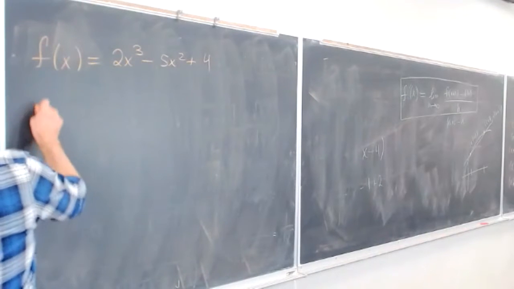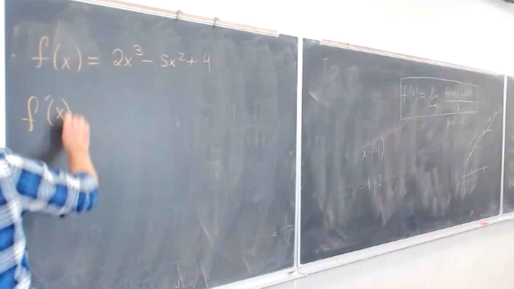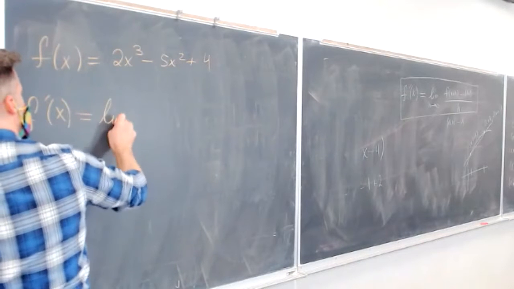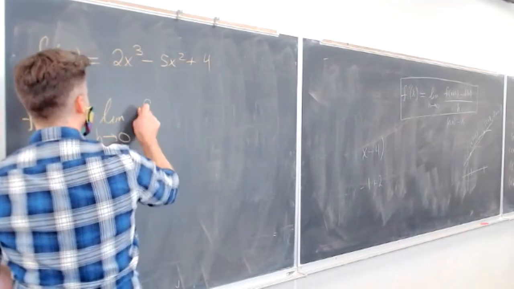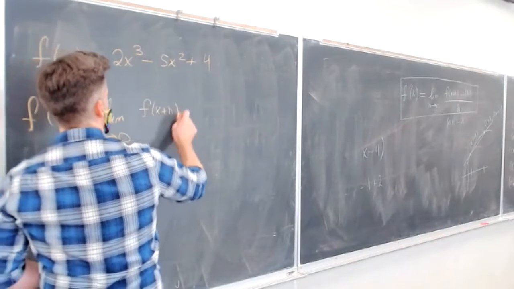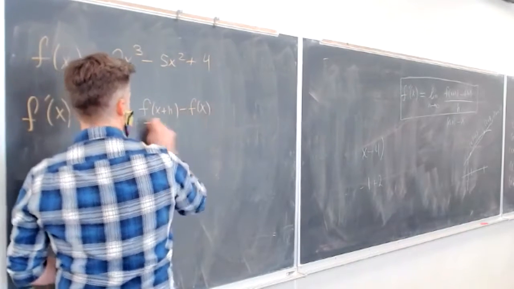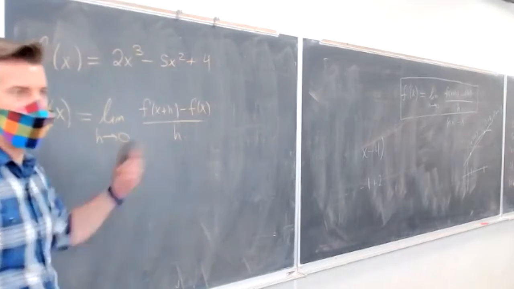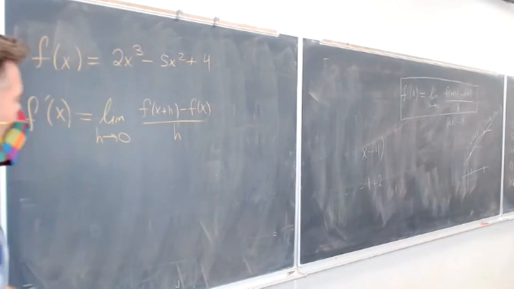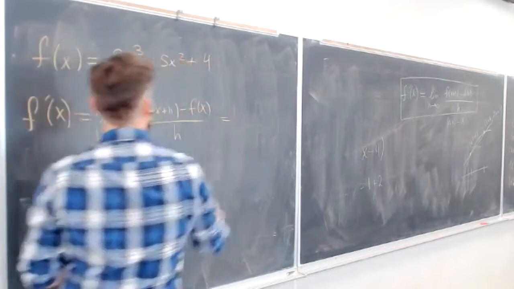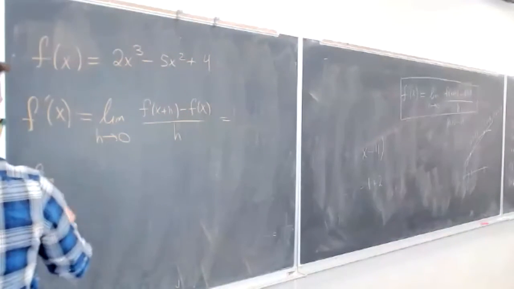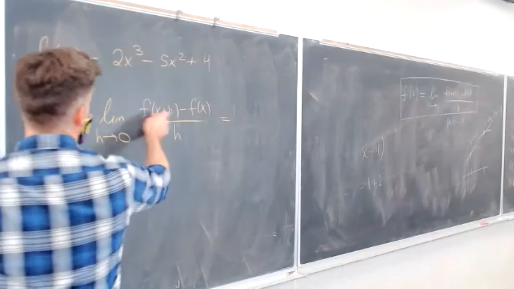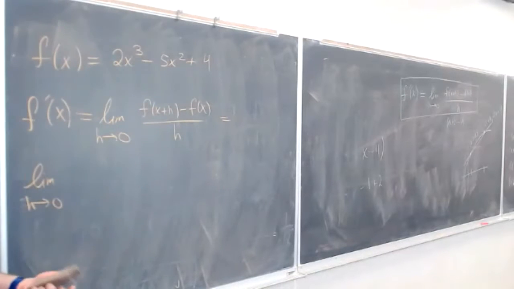So the derivative is equal to the limit as h goes to 0 of, I like to actually just write out the definition every time. Good reminder that they know that I know what I'm doing. That's going to be the limit as h goes to 0 of f of x plus h, where I'm just taking my function and subbing in x plus h wherever there's an x.